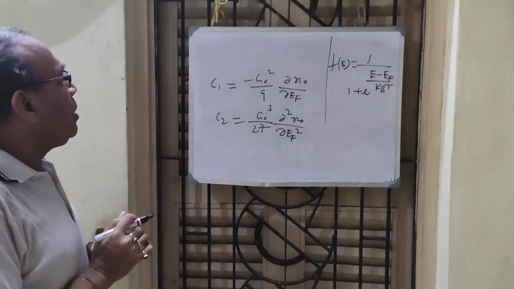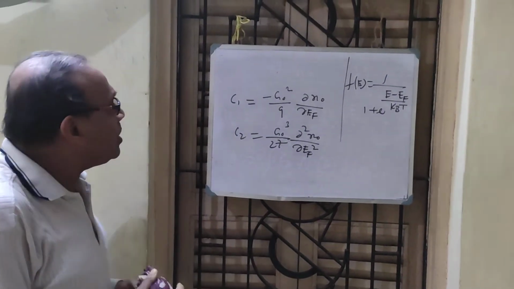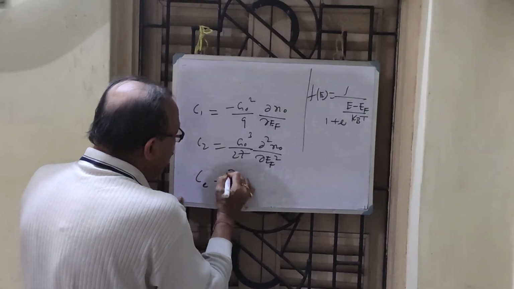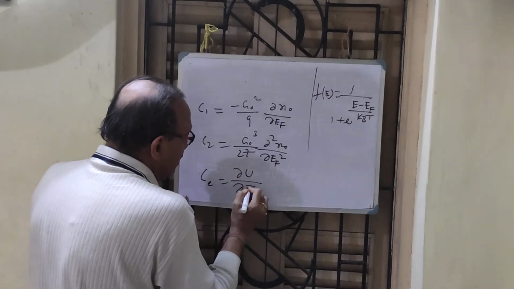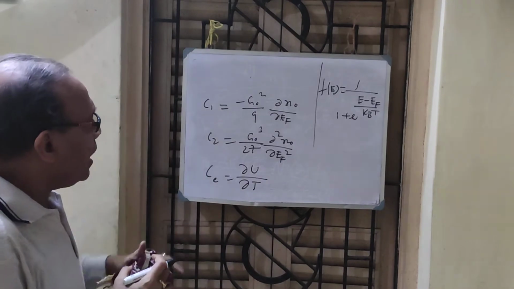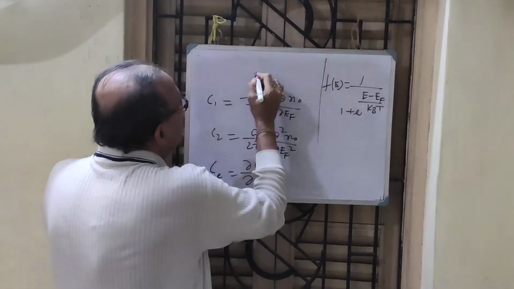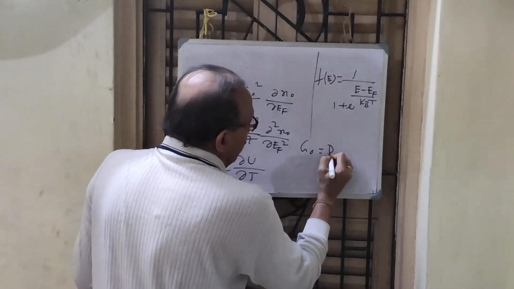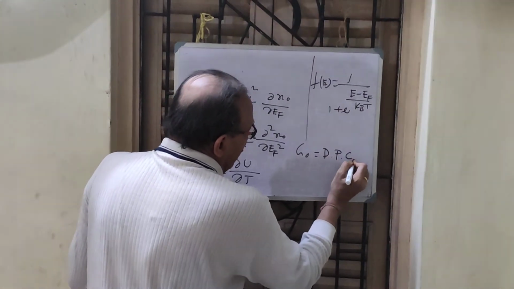These are all very important electronic properties. Electronic heat capacity C is du dt. G naught is the deformation potential constant, which is a constant of the system.